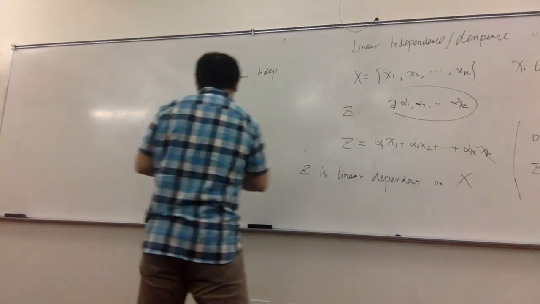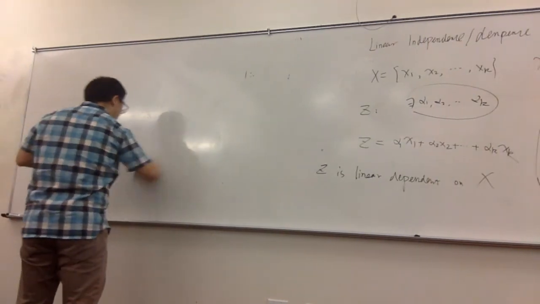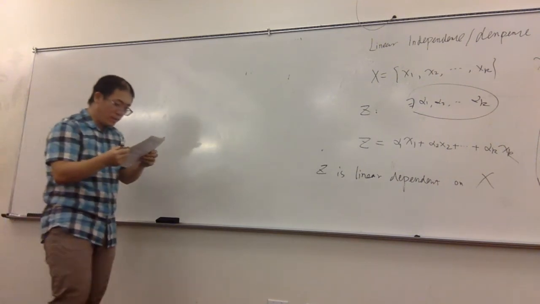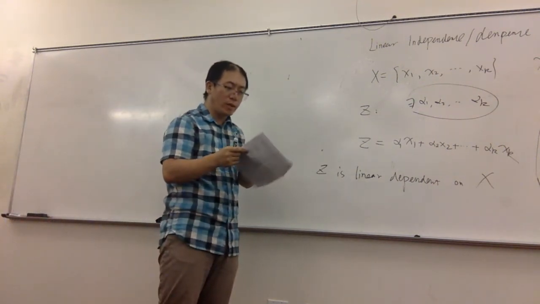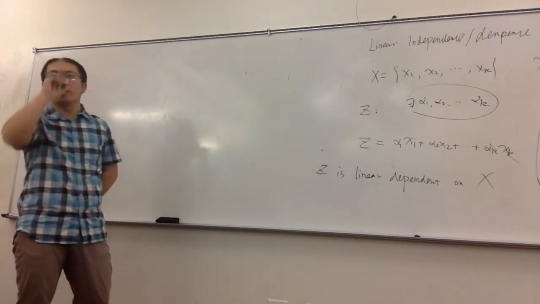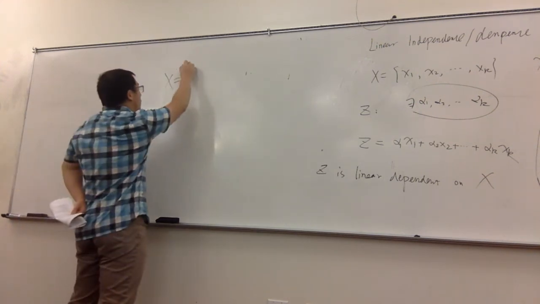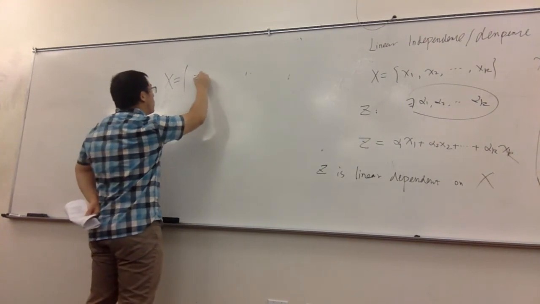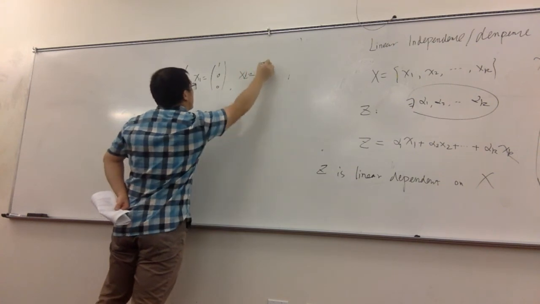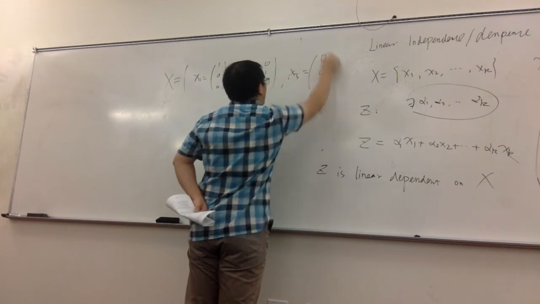So here I give you an example. I won't go through this example in the course material. You can take a look. I give you a more interesting example. Suppose in a three-dimensional space, let me define my x to have three vectors: x1 is 1, 0, 0, x2 is 0, 1, 0, and x3 is 0, 0, 1.